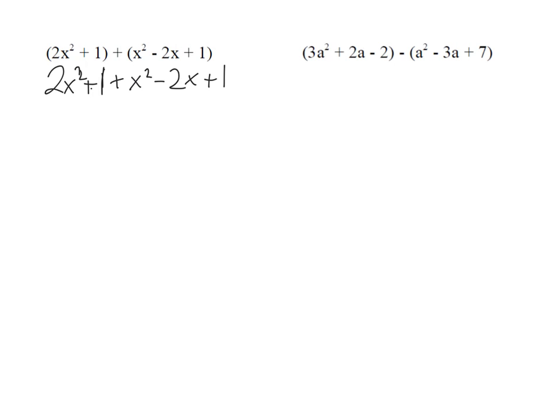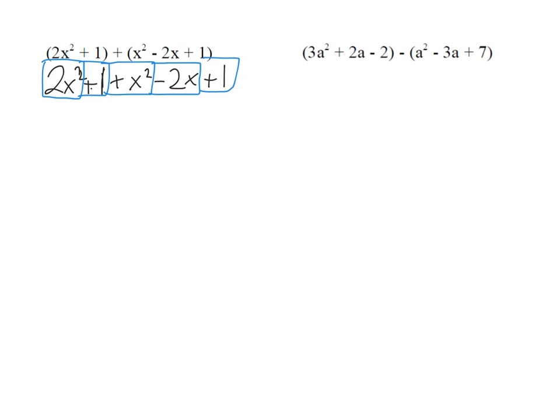This clears it up so that I can then do what we've been working on doing next, which is to box the terms as well as the operators in front of them. So I'm going to do that now. So I would box 2x squared plus 1 plus x squared minus 2x and plus 1.